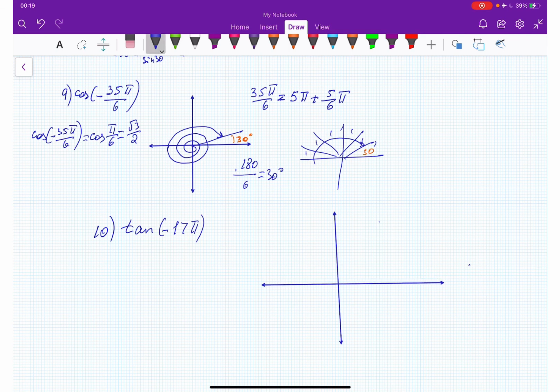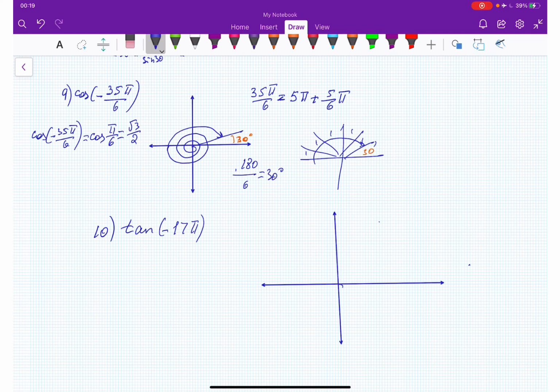There is nothing to divide here, so we are going to go 17 pi. So let's start. Because it's negative, I'm going to go just 17.